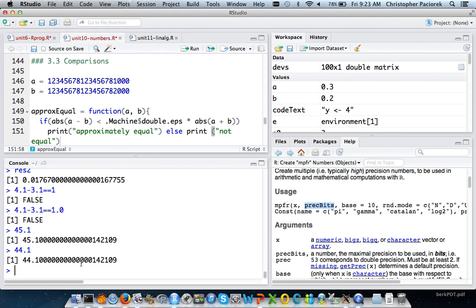So I think what's going on here is, if we think about the base 2 representation when we get 45 and 44, you're using digits out here to represent the 45 and the 44 part. And then for the 0.1, you end up using digits over here.